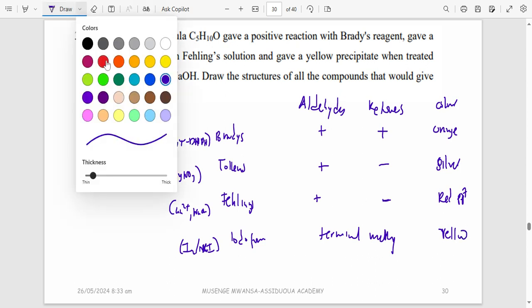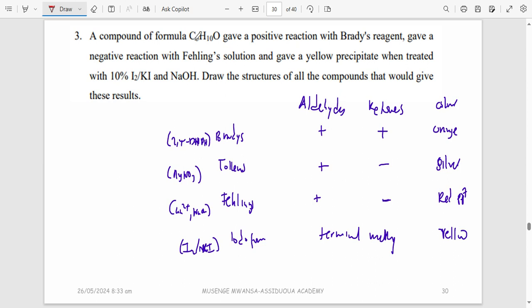So now we can answer the question. A compound with the formula C5H10O gave a positive reaction with Brady's. It means that it has got a carbonyl group, but we don't know what type of carbonyl group it has. It gave a negative reaction with Fehling's. If it is negative, what does that mean?